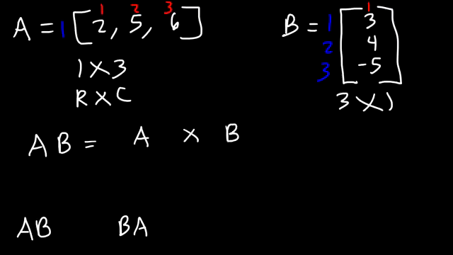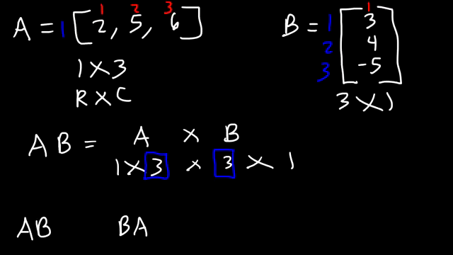So A times B. A is a 1 by 3 matrix and B is a 3 by 1 matrix. In order to multiply these two matrices, the number of columns in the first matrix has to equal the number of rows in the second matrix. So make sure you understand that.